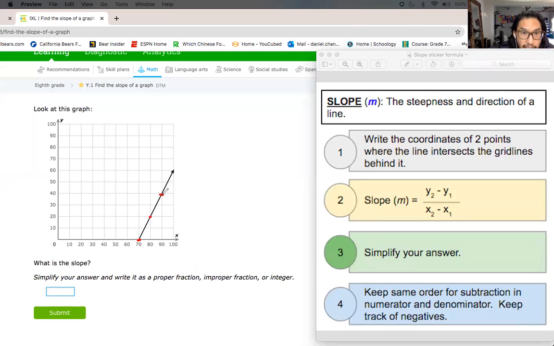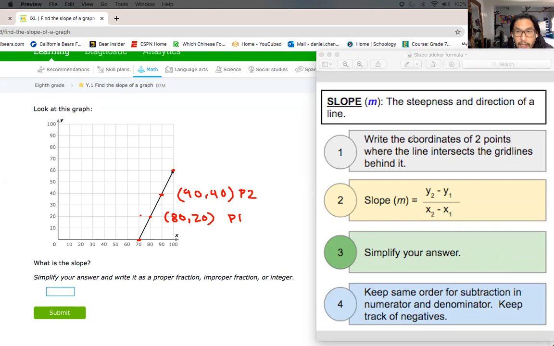Again, this is where the black line is intersecting with the two gray grid lines behind it. I'll take my first point as 80 on the x and 20 on the y. So this is 80, comma 20, and I'll make that point 1. And then my next point is 90, comma 40, and I'll make that point 2.